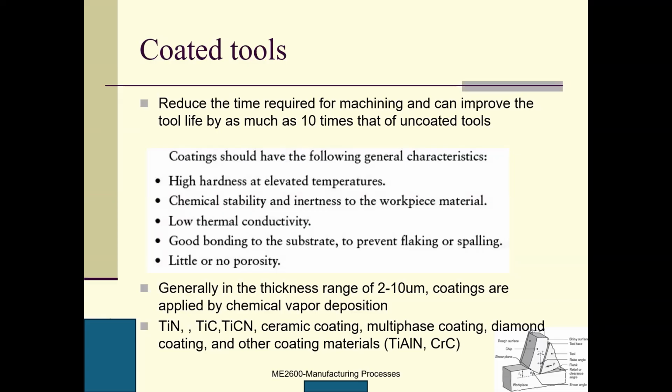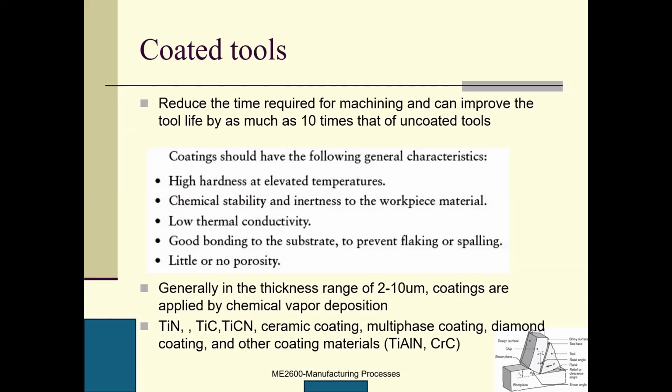That's easy. Right. So low thermal conductivity, I want to use the coating material to protect my tool. If the thermal conductivity is very, very high, all the heat comes into my tool insert. That's not good. Then good bonding to the substrate. Substrate means the tool, right? Otherwise, debonding will occur.